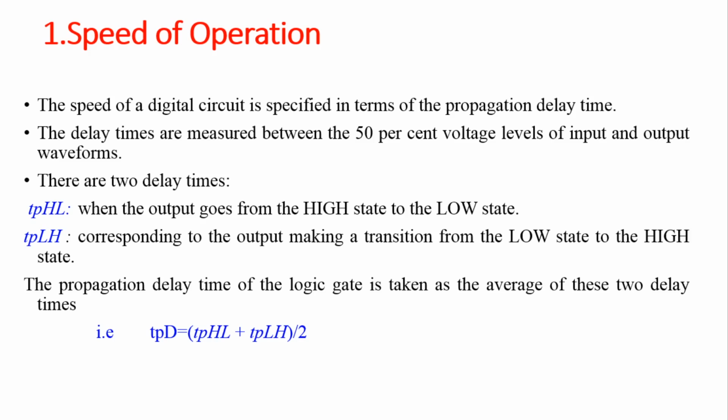The propagation delay time of a logic gate is taken as the average of the two delay times, that is TPD is equal to TPHL plus TPLH divided by 2. So this is the formula to calculate the time delay.